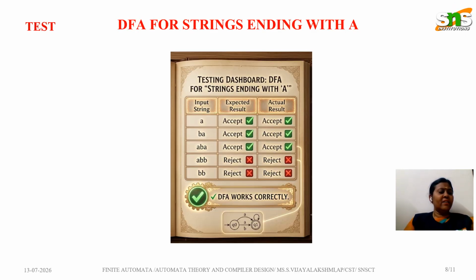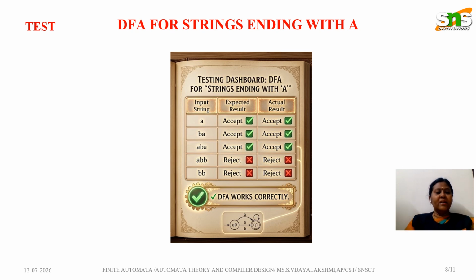The role of finite automata: how does a computer know whether a string belongs to the language? A finite automaton reads the input one symbol at a time and moves from one state to another based on the predefined transitions.